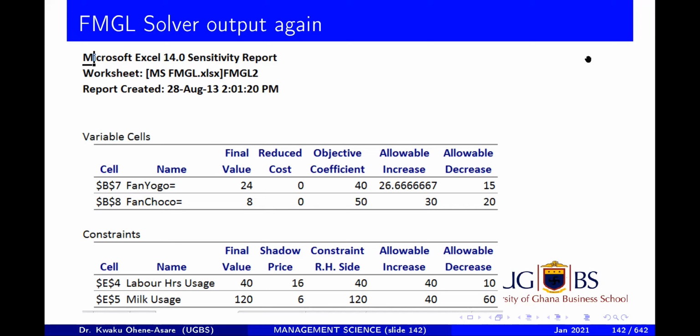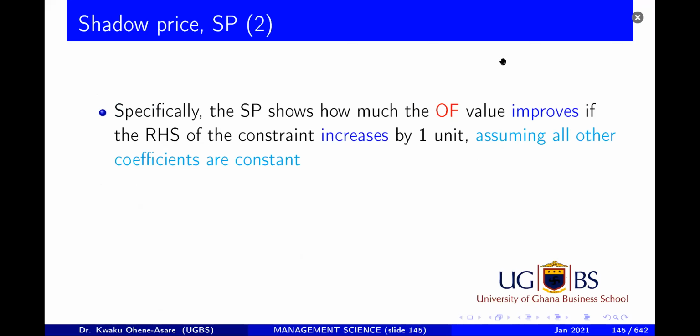And of course, we also say that the binding constraint is where the usage is equal to the available. But there's something about the shadow price I'll come to very soon. All right, so let's go to the question.